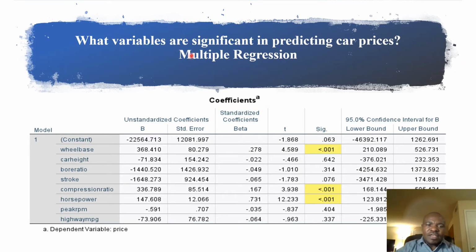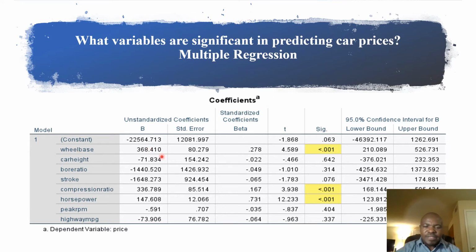So to begin with the first question, which was what variables are significant in predicting car prices, I used two methods here. The first method was multiple regression, and the output is as shown here. When we look at the output, we find that only three variables were significant in predicting car prices.